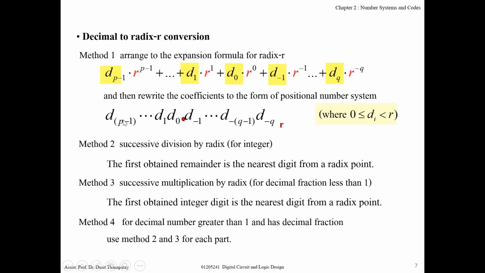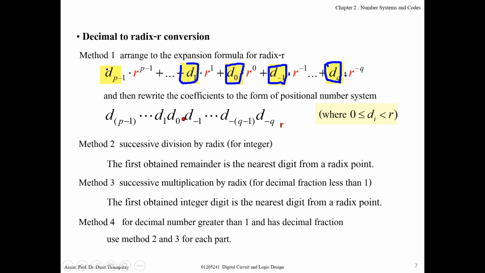And now, if you want to convert decimal to radix r, what should you do? It's very easy. If you can write down in this form, namely some coefficient multiply r to the power of something, right? Some number multiply r to the power of something.